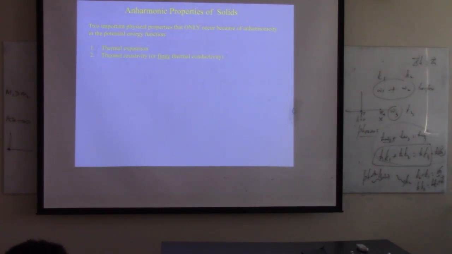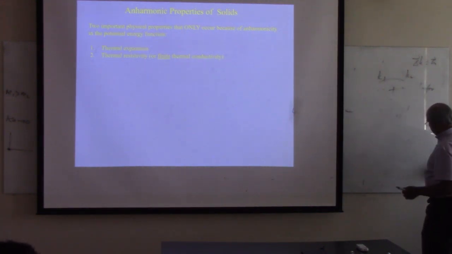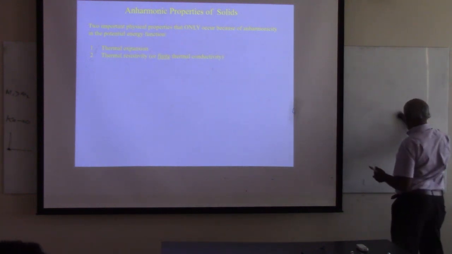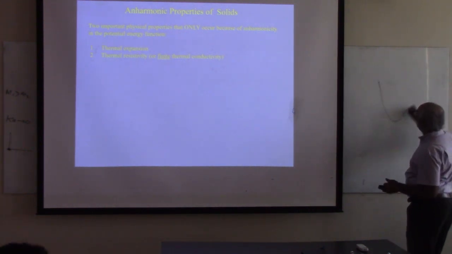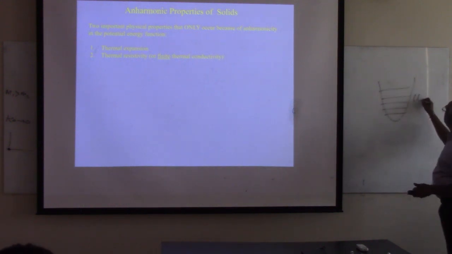Okay, now the next, very important two things I want to talk about. So far we talked about the simple harmonic oscillator, right? So that means we have a very symmetric simple harmonic oscillator. If you write the energy, this is half k x squared.